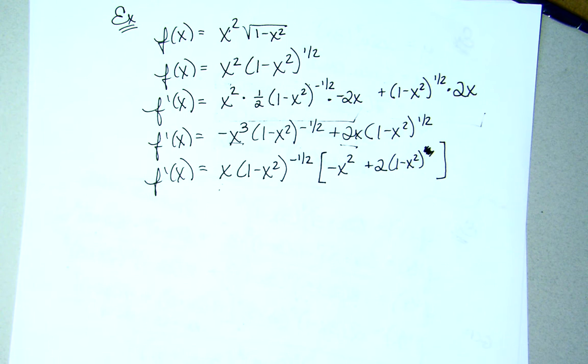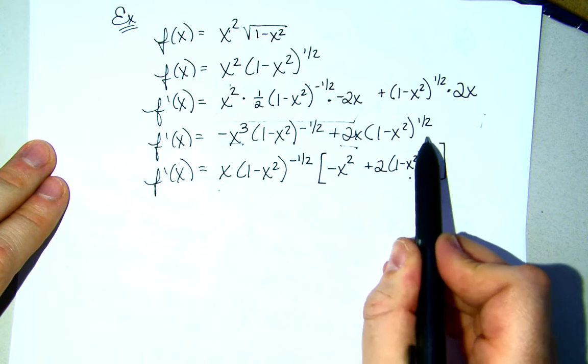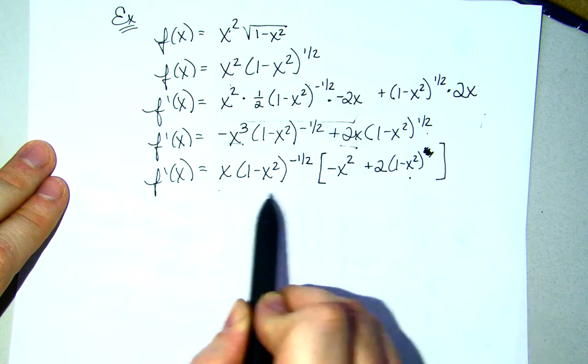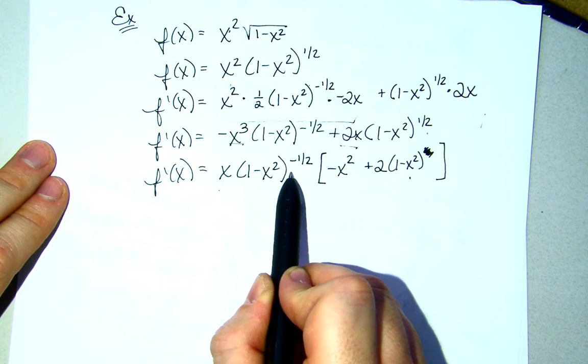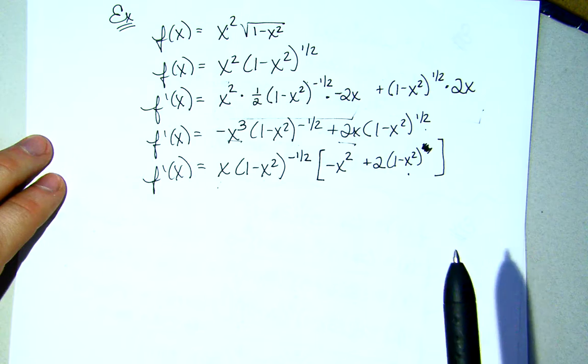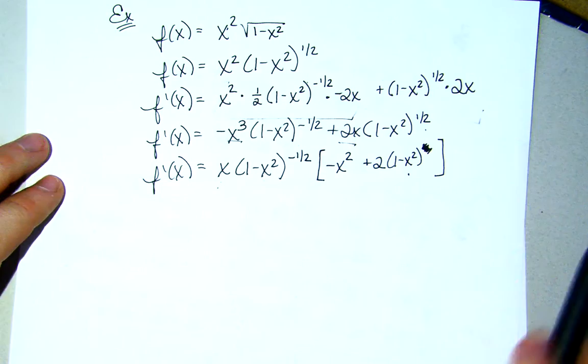If we think about kind of multiplying in reverse, this times this needs to give me 1 minus x squared to the 1/2. When you multiply things, what do you do to the powers? Add them. Negative 1/2 plus what would give you positive 1/2? 1.